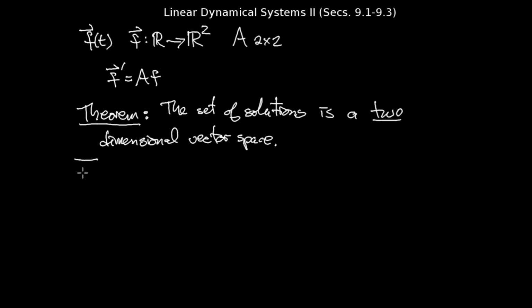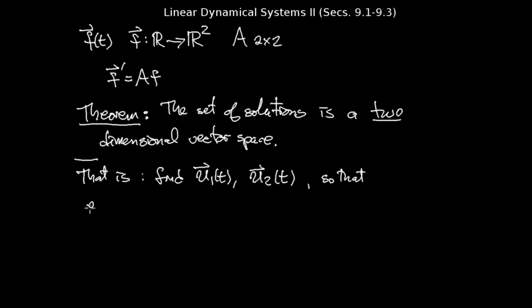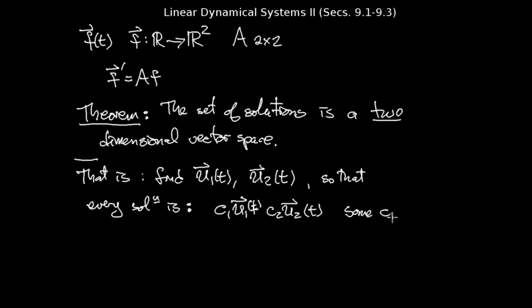And so what does that mean? That means we can find two solutions, u1, a vector valued function u1, and another vector valued function u2, which are a basis, in other words, so that every solution is of the form C1 u1(t) plus C2 u2(t) for some C1 and C2.